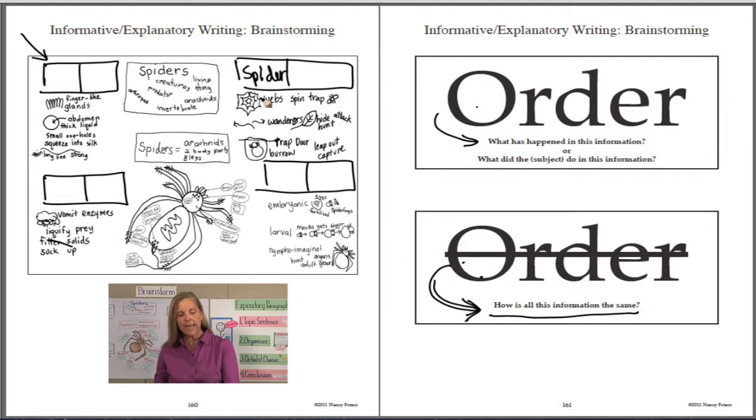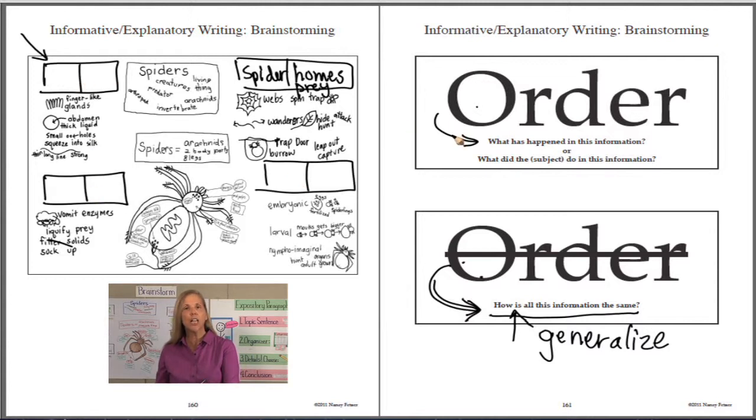I would go back and say, a web, the leaf, the burrow. How is all this information the same? And that's where we're going to generalize. You give the two choices and you write homes so that they can catch their prey. You have all your boxes that you should have filled in.